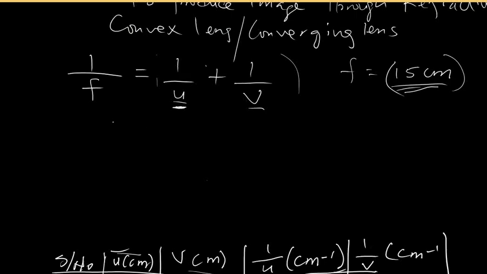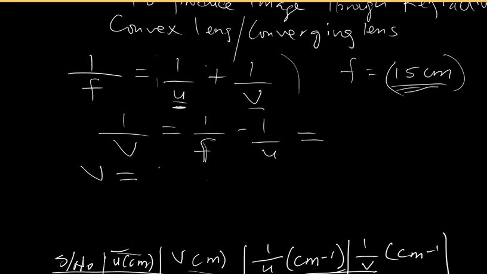So from this formula, making 1 over v the subject, 1 over v is going to be equal to 1 over f minus 1 over u. I'm going to give you a shortcut that will help you find v directly without going through the process of evaluating with LCM.